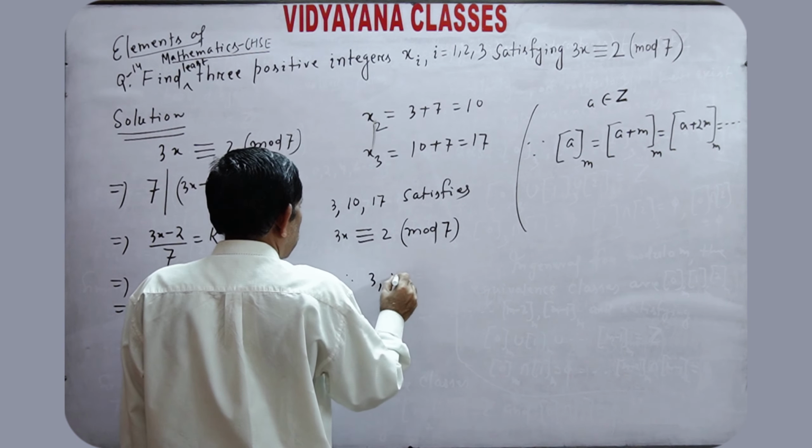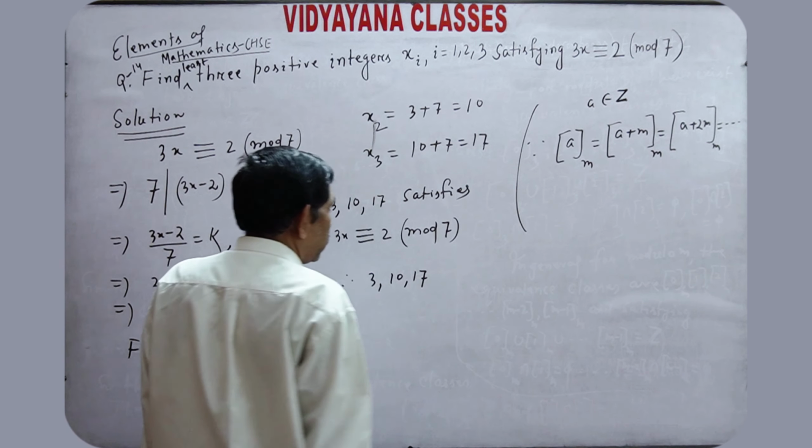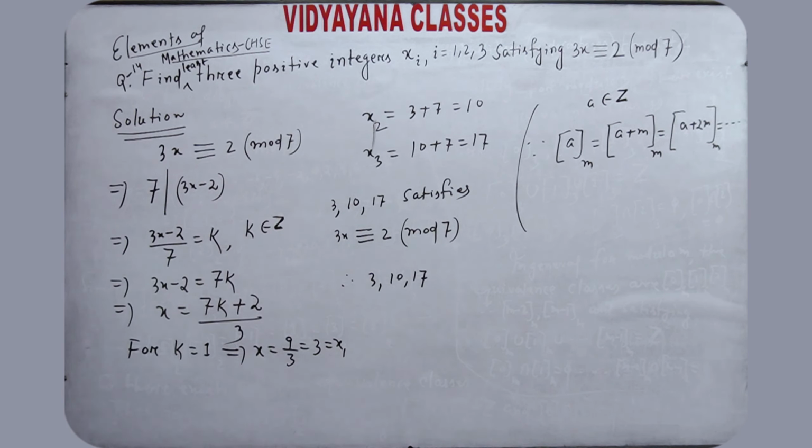Therefore, 3, 10, 17 are the least 3 positive integers.